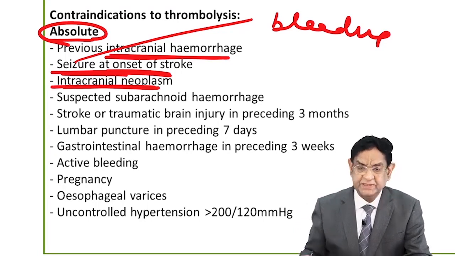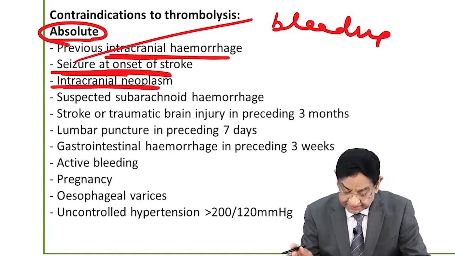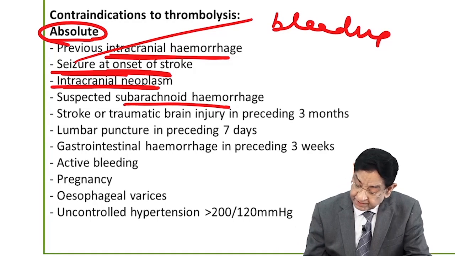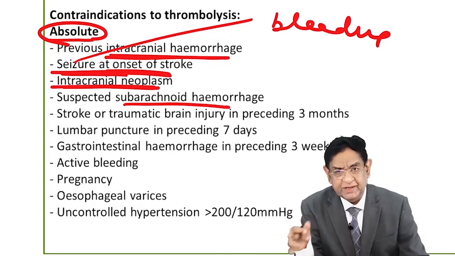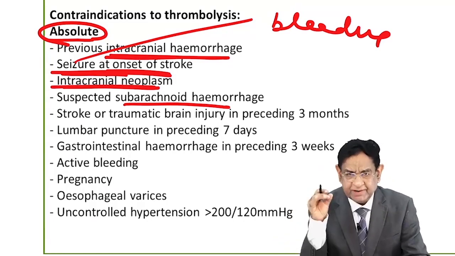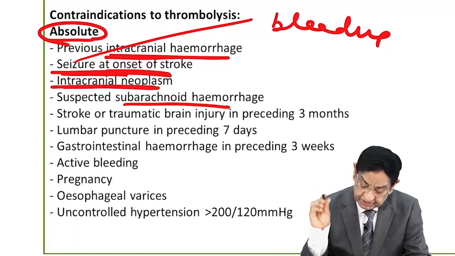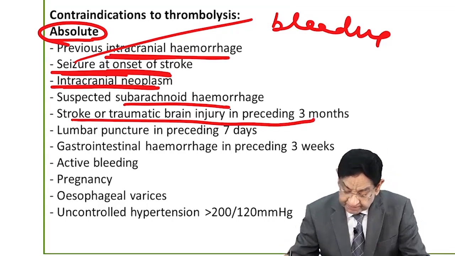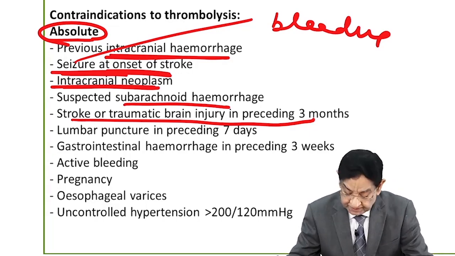Intracranial neoplasm is there, which is causing this, it can lead to bleed. Subarachnoid hemorrhage, don't use it. Of course, any bleeding, no doubt about any bleeding, intracranial, subarachnoid, any bleeding, don't use it. Stroke or traumatic lesion in the preceding 3 months, there is a history of head injury, don't use it.